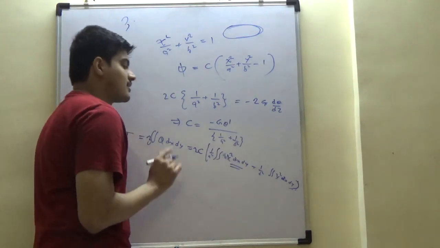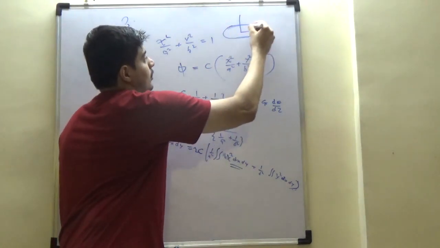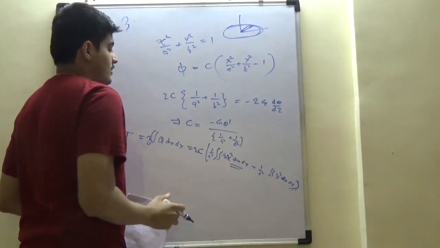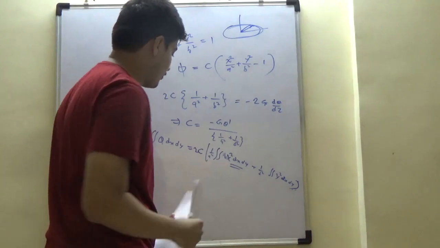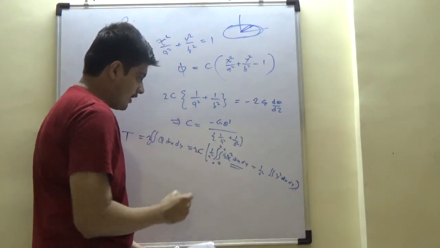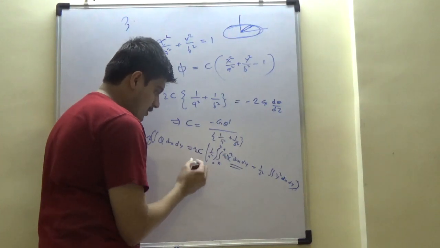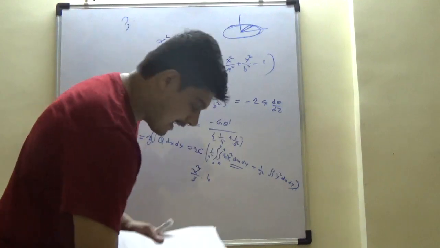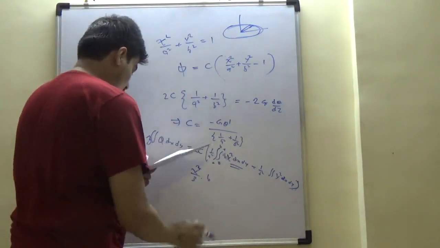This is slightly complicated in ellipse to find out. What we have to do is to integrate this dx dy from x varying from 0 to a and y varying from 0 to b. We are very clear, right? X square dx is what we have to look at. So x cube upon 3 into b, right? And a cube upon 3 is what is going to come out.